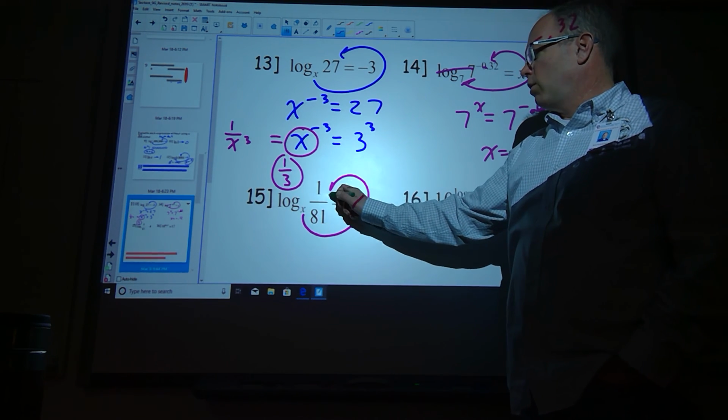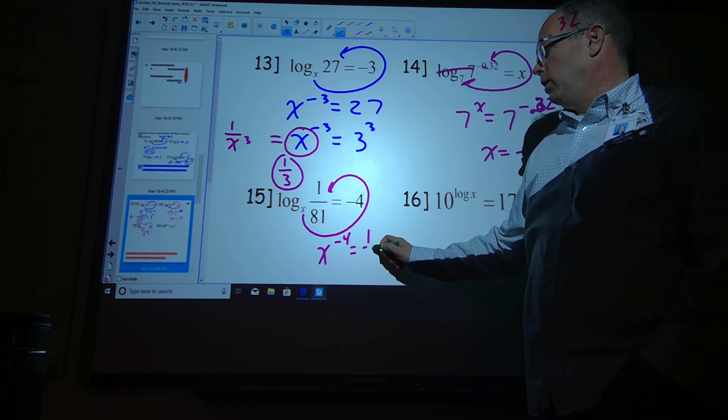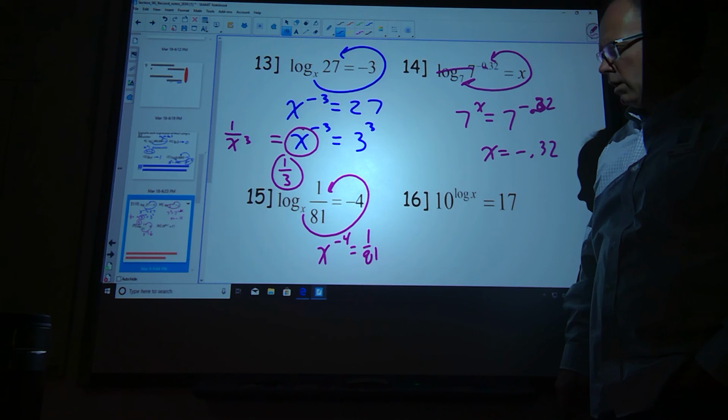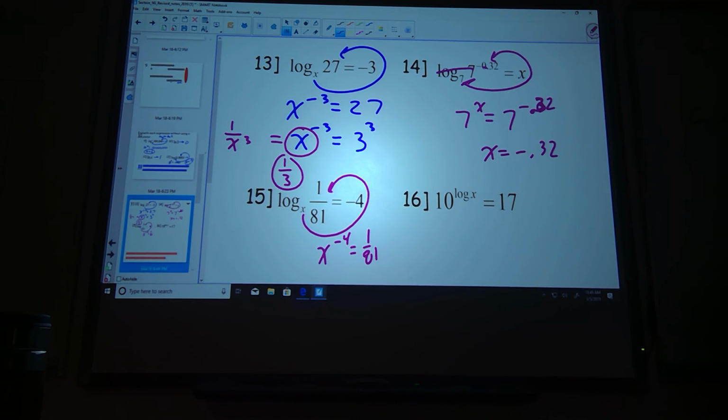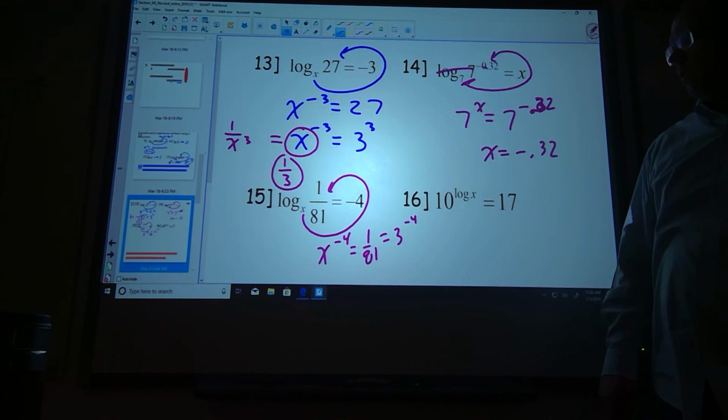X to the negative 4 is equal to 1 over 81. 81 is 3 to the 4th. 1 over 81 is 3 to the negative 4.